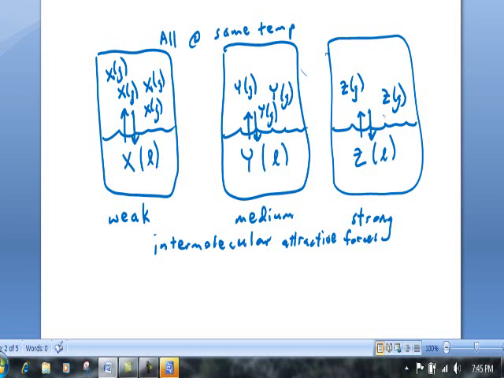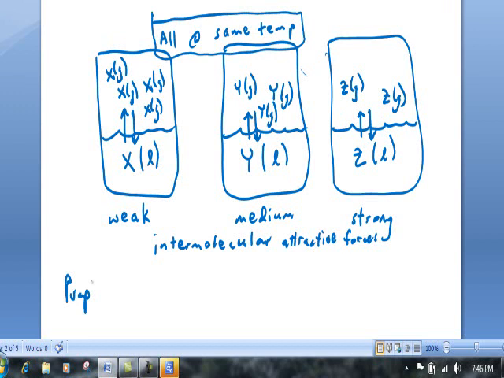Now, the consequence of this is that by the time each of these systems reaches a saturated gaseous system, at a state of equilibrium where we reach the vapor pressure for each liquid, even though they're all at the same temperature, the vapor pressure for each liquid will end up being different.